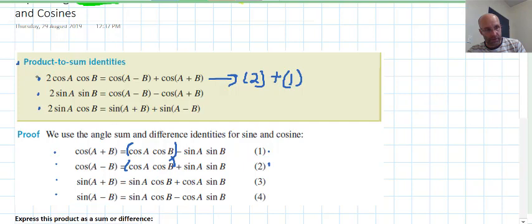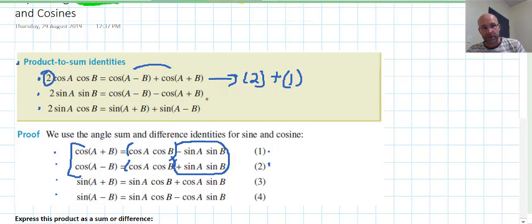There'll be 2 lots of them, hence we get 2 lots of cos A cos B, and these ones here are equal and opposite in sign, and they'll cancel each other out. So then you'll have these added together on the right hand side, cos A plus B and cos A minus B, as you can see there. They all emanate from a combination.